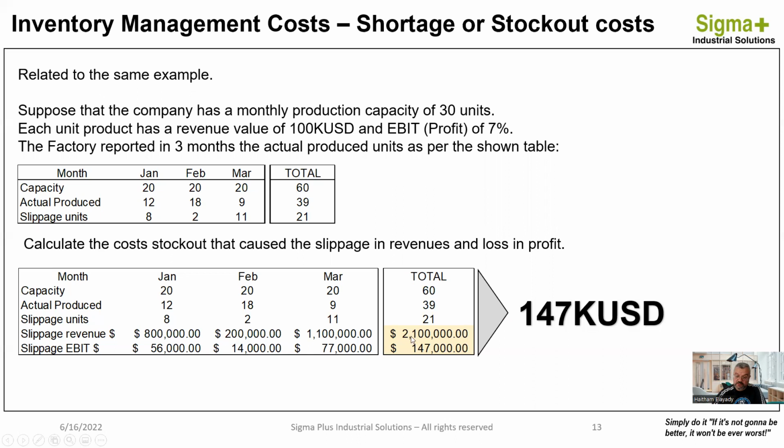Okay, so as a total loss, we reported a loss in revenue of $2.1 million, and the slippage in the EBIT was $147,000.